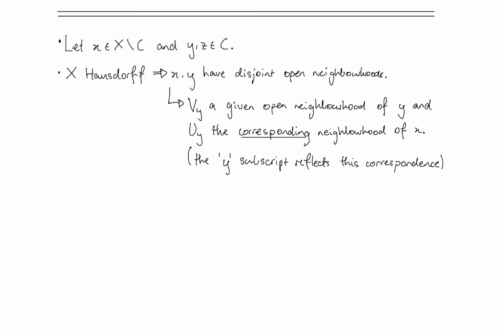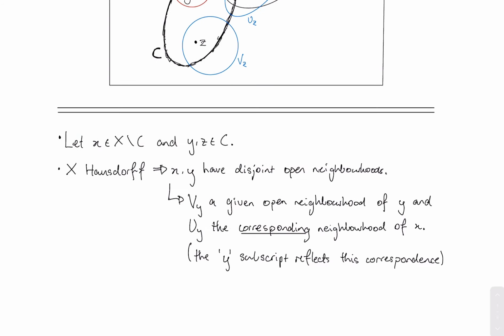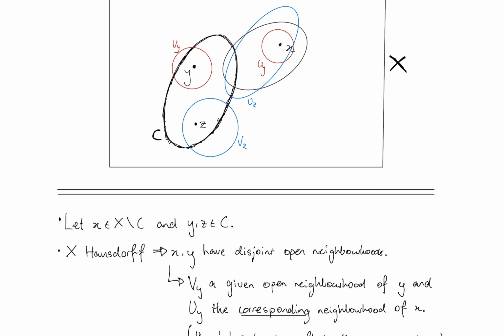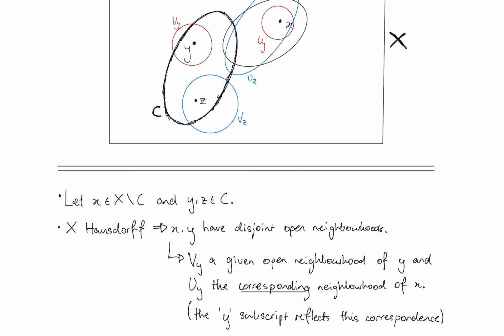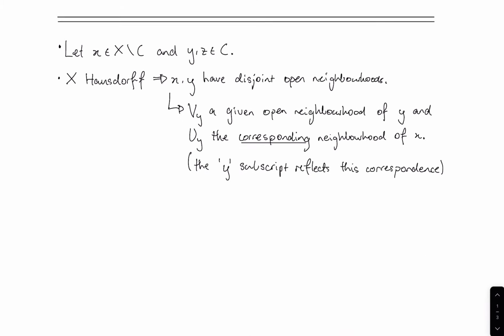Okay. So we can do the same thing. What I've drawn here is an iteration of what I've just done, just to make the point clearer that we can do this for any two pairs of points, where one of those points is in the subset C, one of those points is in the complement, and we could repeat that. That's why I've done it for the point Z here and its respective disjoint open neighborhood in the complement, Uz. I'll just write that down without writing it all out again.